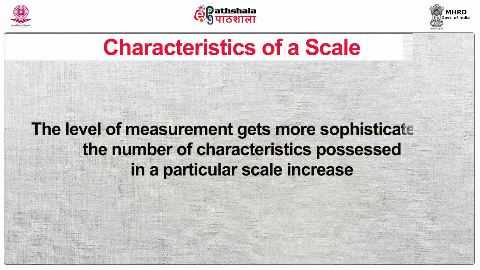It is these characteristics which are used in order to determine the level of measurement. The level of measurement gets more sophisticated as the number of characteristics possessed in a particular scale increases. Therefore, description, order, distance and origin successively present higher levels of characteristics.